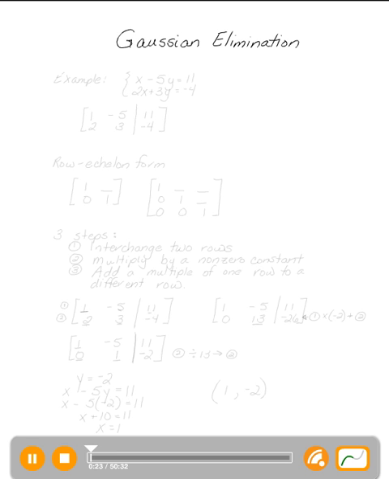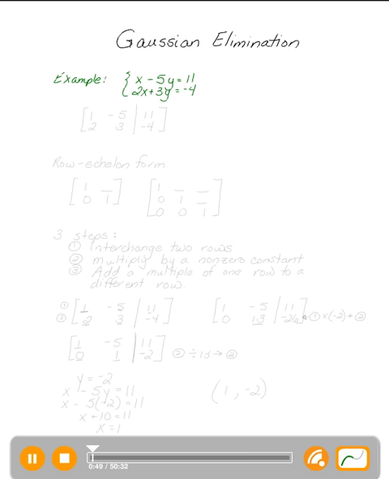So for example, if I have the 2 by 2, two equations, two variable system, x minus 5y equals 11 and 2x plus 3y equals negative 4. In order to use Gaussian elimination, the first thing we do is create what we call an augmented matrix.